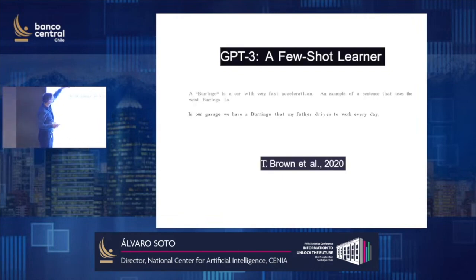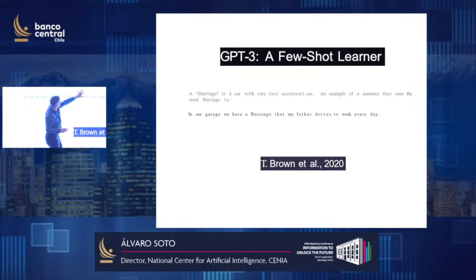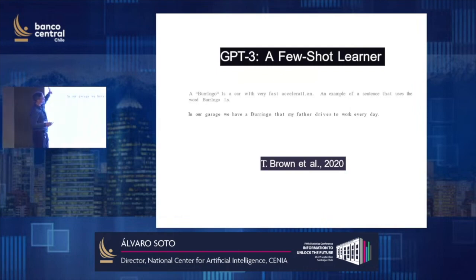I explained something like, a Boringo is a car with very fast acceleration. And I asked the model to write an example that uses this new word.